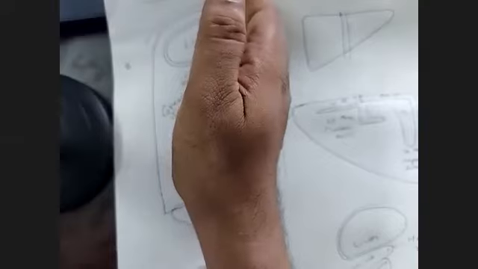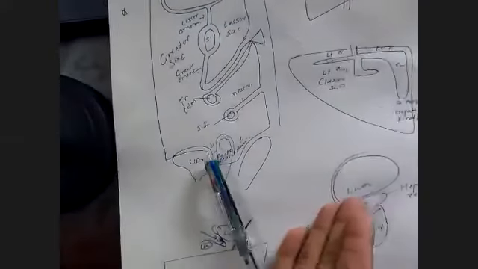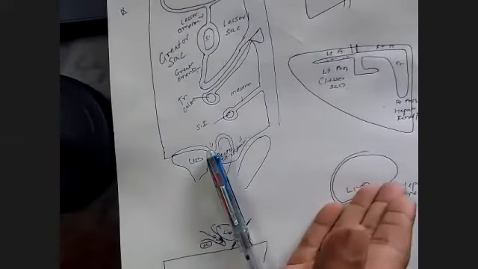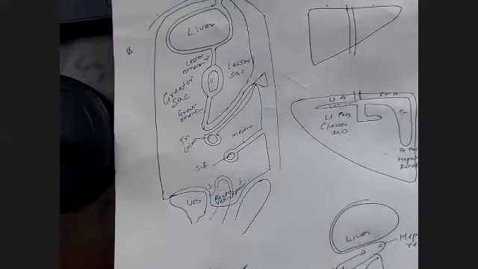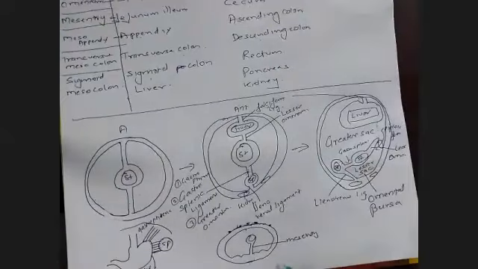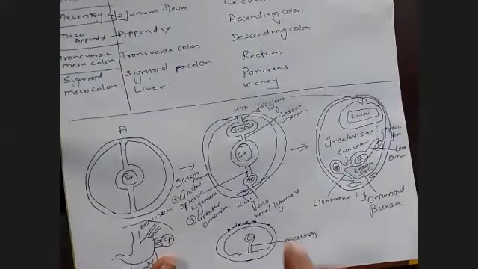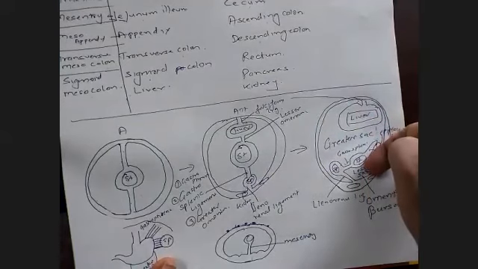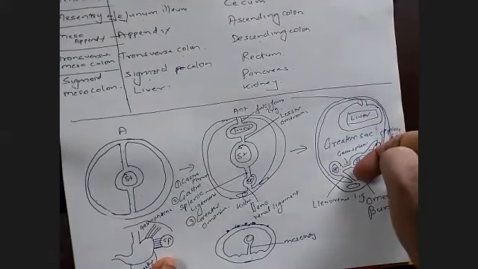Okay, feel behind the liver like this and feel the Morrison's pouch. Also go behind the liver like this and feel the right free margin of the lesser omentum. Put the finger in the epiploic foramen and go into the lesser sac.